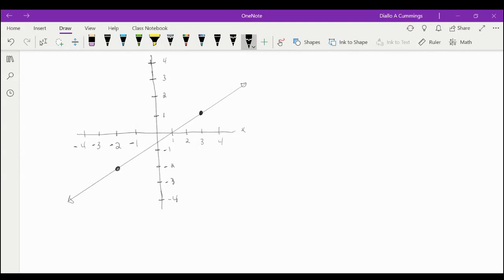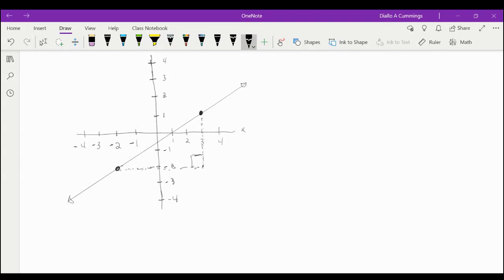But I'm going to just draw that imaginary triangle here. All right, so that is my imaginary right triangle. Can everybody see that? I'm just choosing to draw it this way, but you may choose to draw it that way.